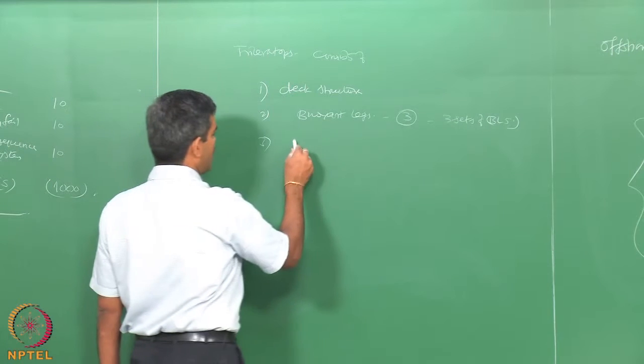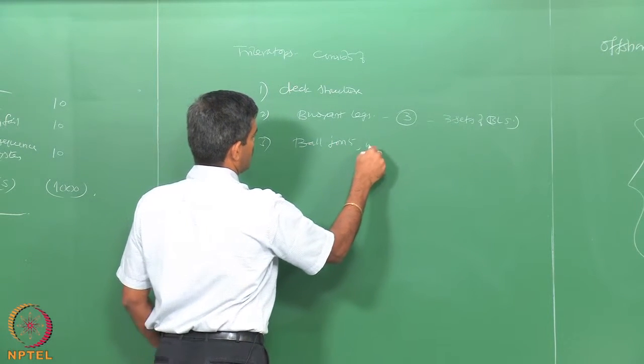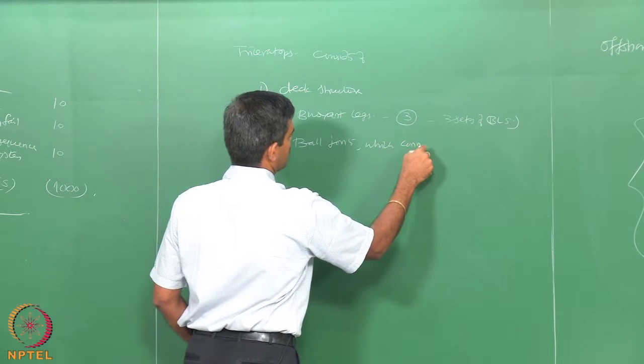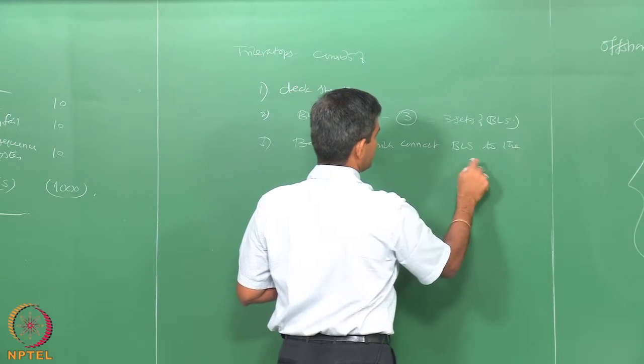It will obviously have a ball joint or ball joints which connect the BLS to the deck.